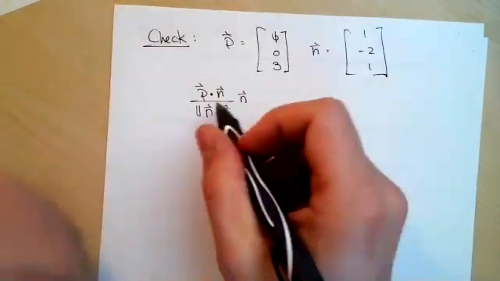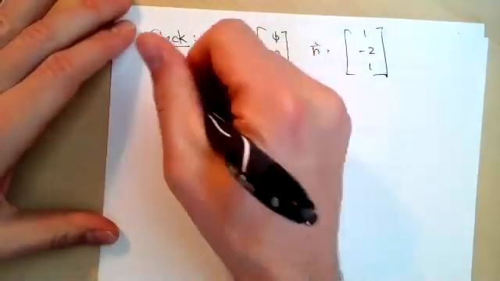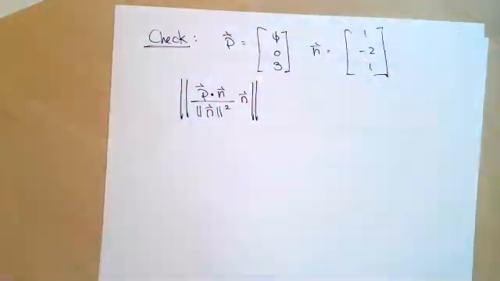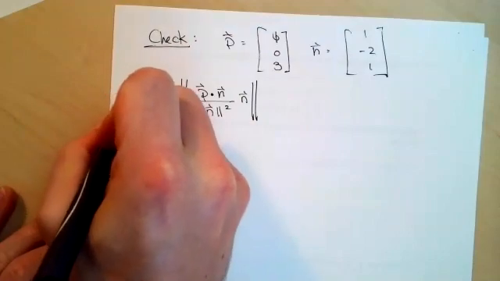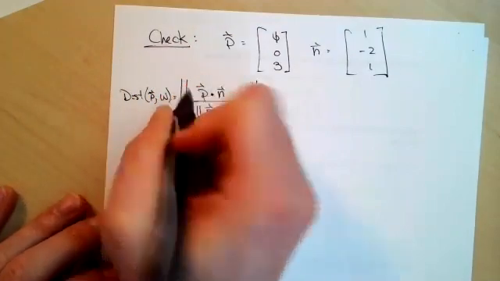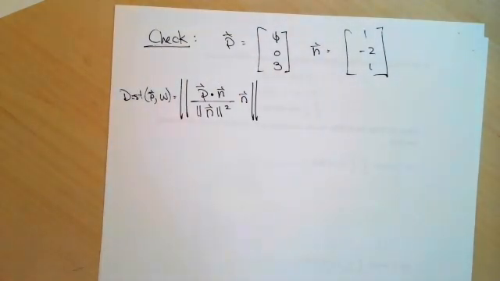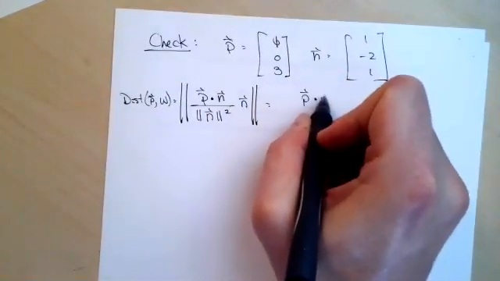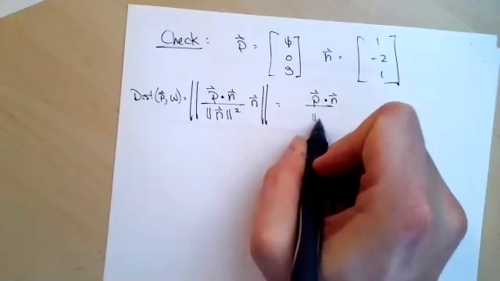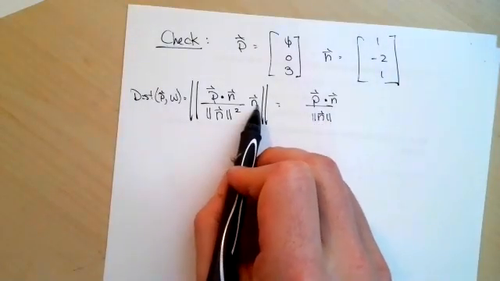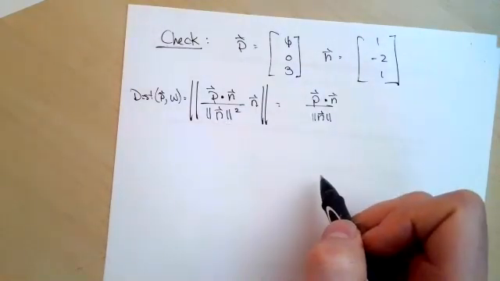Now, actually what we want, if we're computing the distance, we want now the norm of this guy. So we want the length of the normal vector. And we can reduce that formula down a little bit, since we'll compute the norm of that vector and it will cancel out one of those in the bottom.